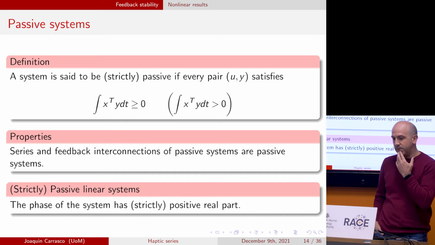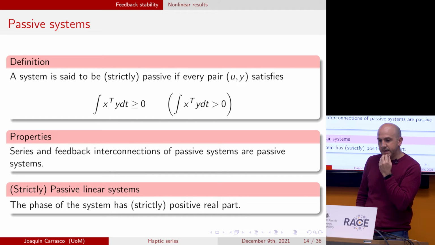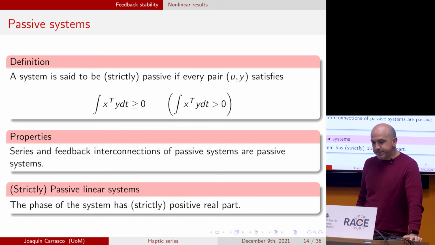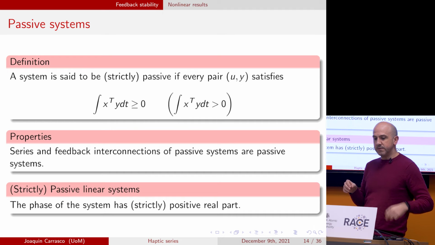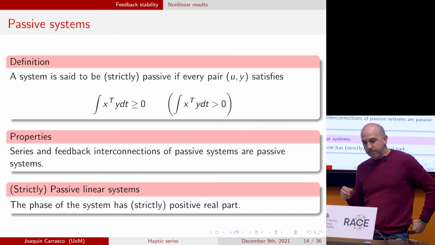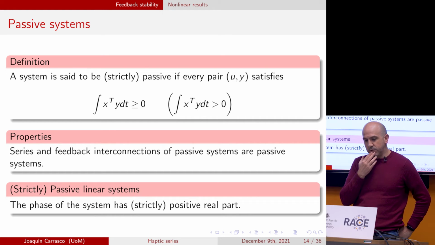You have this kind of, the product of the voltage times the current is always positive. The nice thing about passive systems is when you interconnect passive systems, the result is also a passive system. And this gives you some nice properties that you can use in bilateral teleoperation.